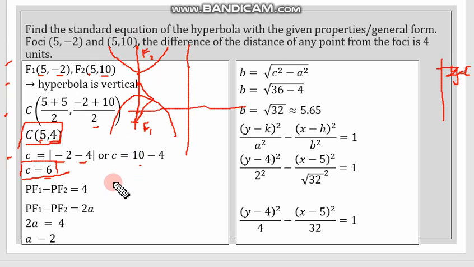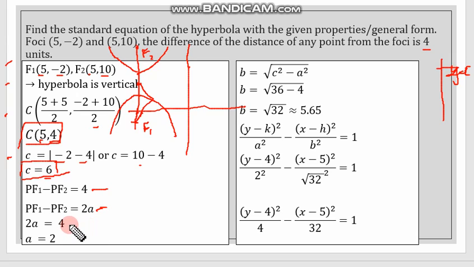Next, according to the given, the difference of the distances of any point from the foci is 4 units. So therefore, 2a is equal to 4. By definition, PF1 minus PF2 is equal to 4, which is also equal to 2a according to the definition of the hyperbola.